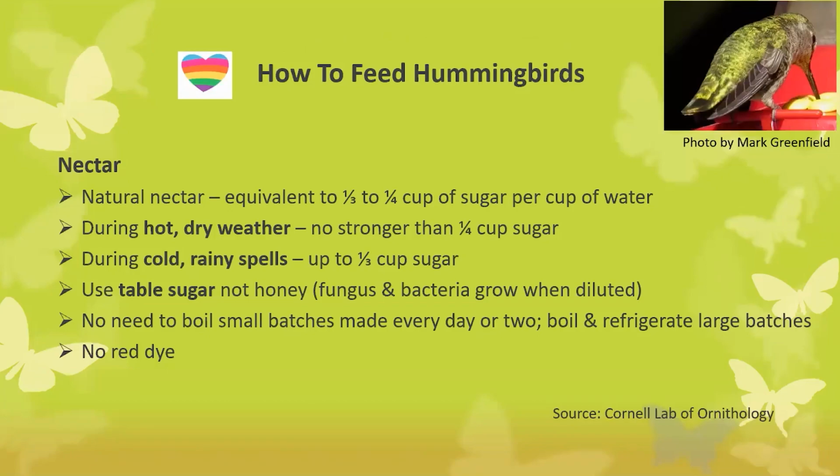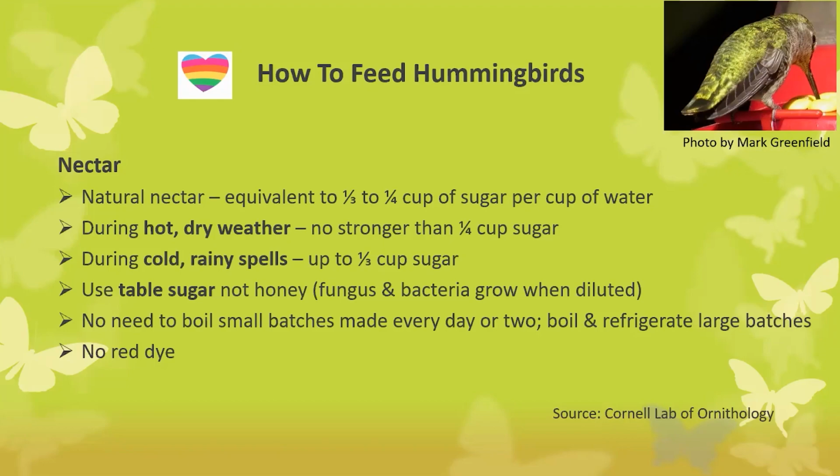Research shows that hummingbirds prefer natural nectar when it's available, but they do use feeders to supplement their natural diet. So if you choose to feed hummingbirds, generally use 1/4 cup of sugar for 1 cup of water.